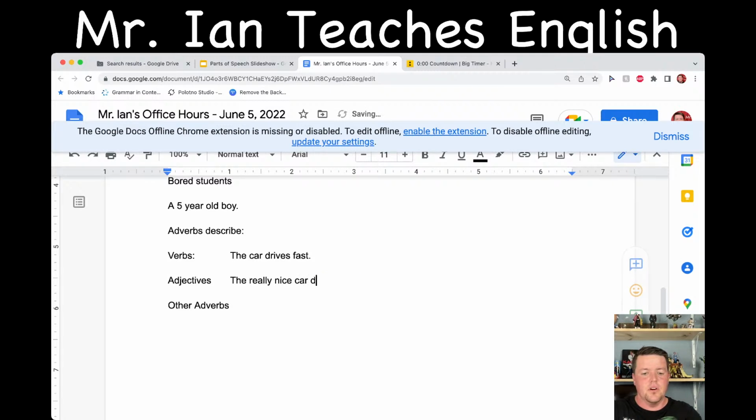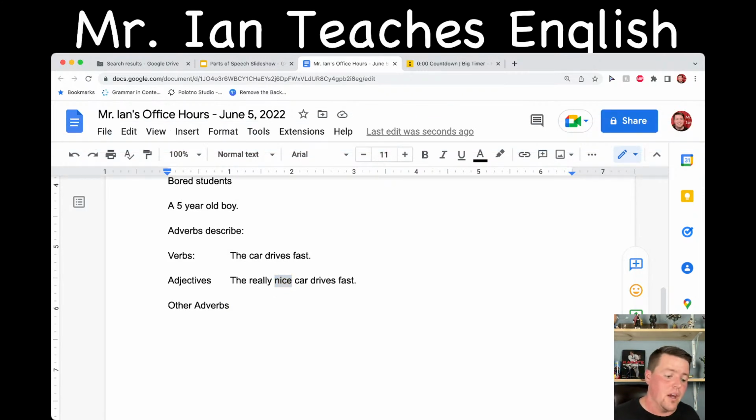The really nice car drives fast. Now here we have nice, which describes what? Describes car. So that is an adjective. And we have really, which describes nice. How nice? Really nice. So here we're using an adverb to describe an adjective, usually intensifiers or something similar.